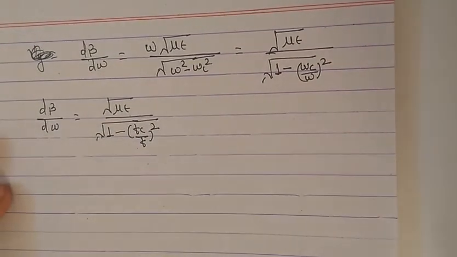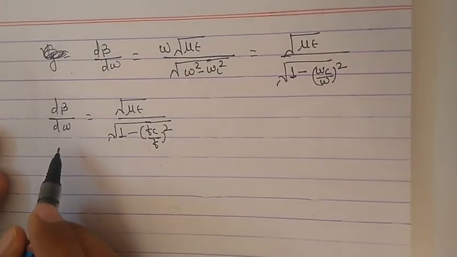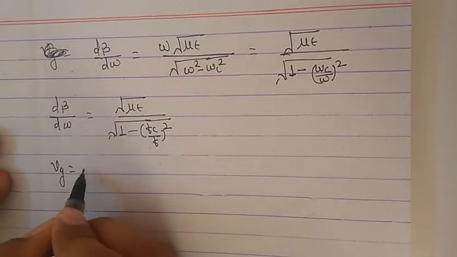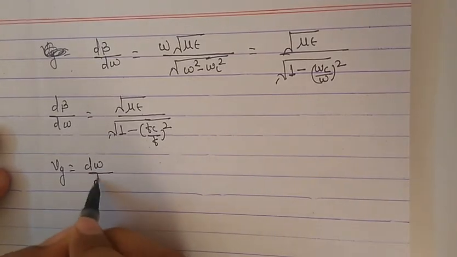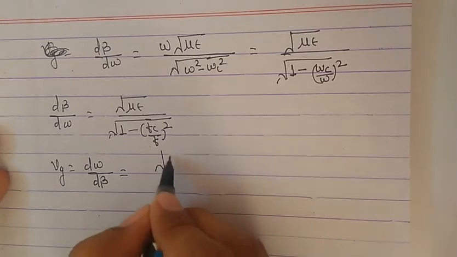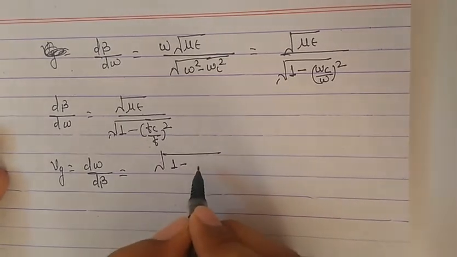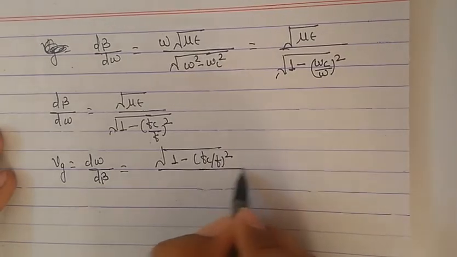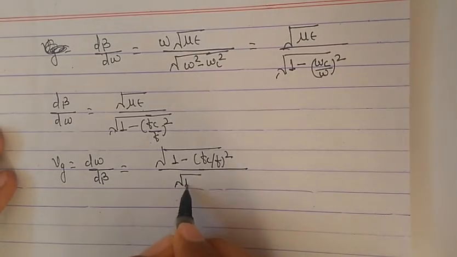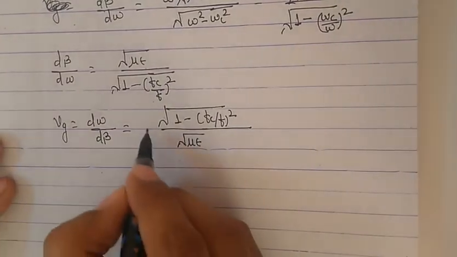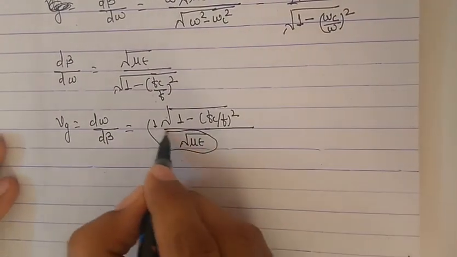But before that, this is d beta by d omega, and actually group velocity is d omega by d beta. So just invert it. So this will be under root of 1 minus fc by f square, over under root of mu epsilon. So 1 over under root of mu epsilon is c.